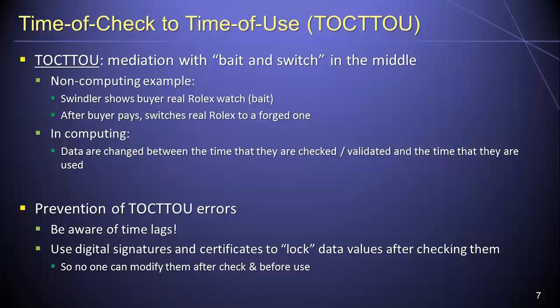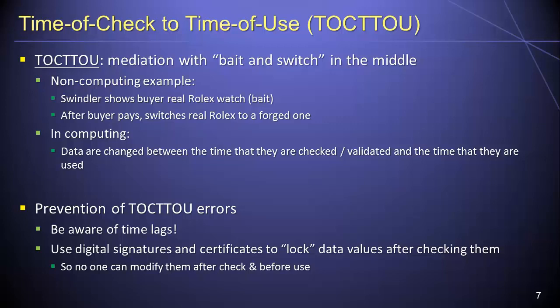The next common software program vulnerability that I would like to discuss is known as a time of check to time of use, or TOCTTOU vulnerability. This vulnerability occurs when data values are changed between the time that the software program checks or validates the data values and the time that the program actually uses those values to perform a task.